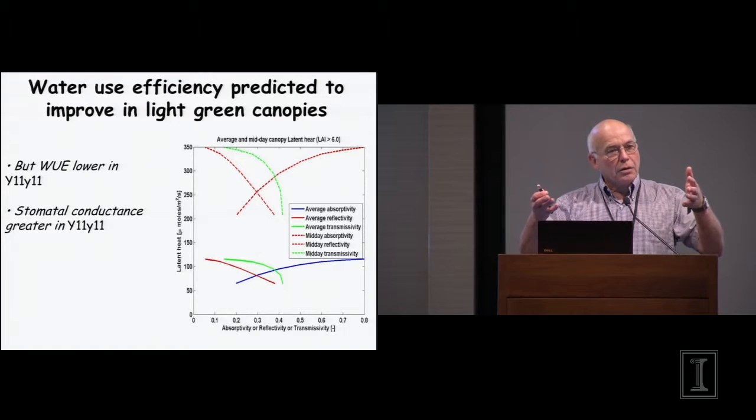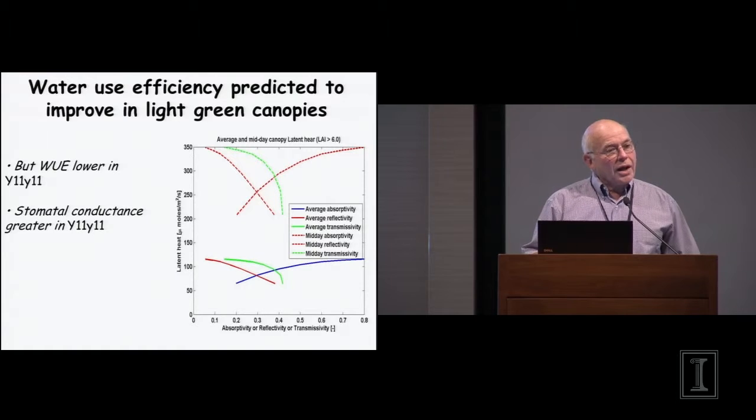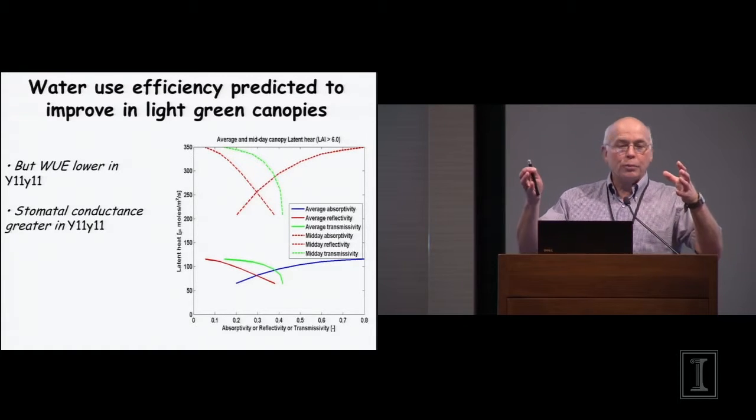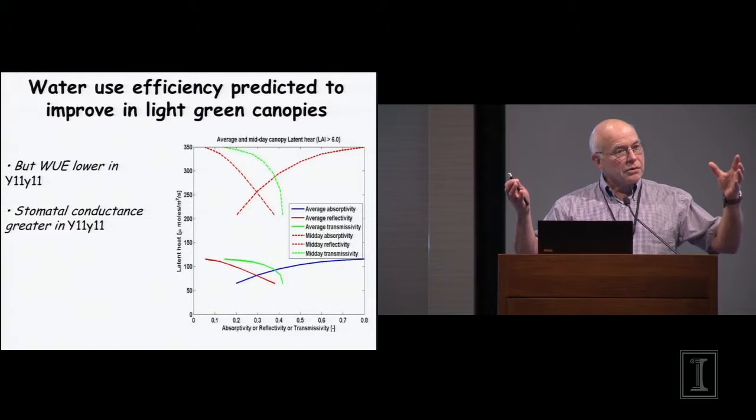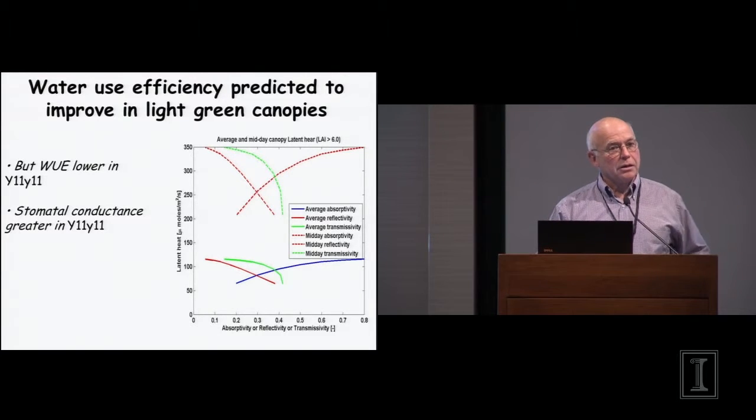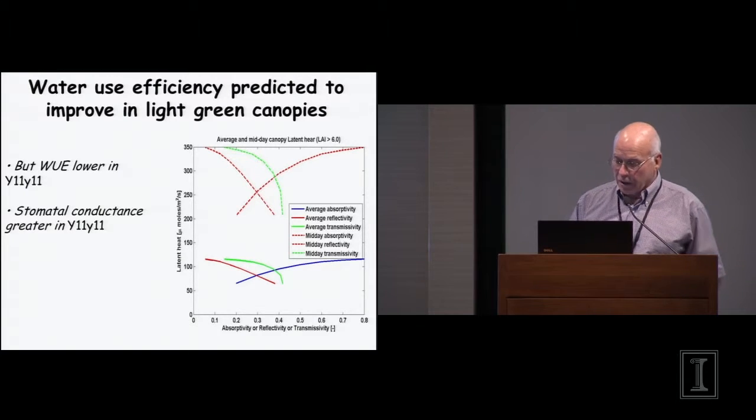However, when they encounter water limitations, as they do most every day, then they close these stomates down and they conserve water. Well, what these Y11 plants are unable to do is close those stomates down. And so they have this high unregulated conductance that translates into a lower water use efficiency. And it also translates into these plants being water stressed much more frequently than the wild type.